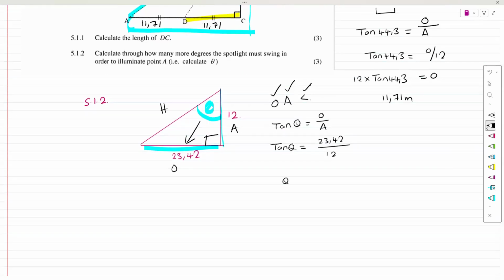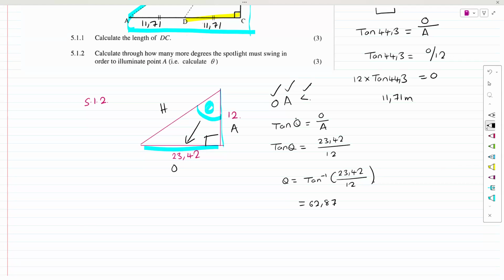So theta equals shift tan of 23.42 over 12, and this answer should be 62.87.